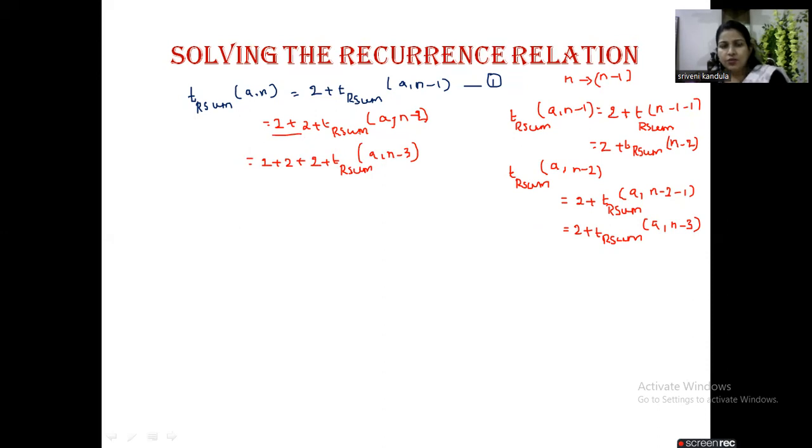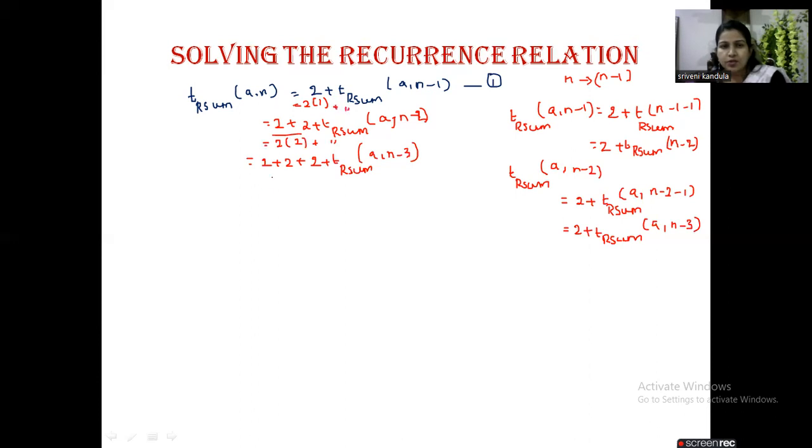Okay. So now if you observe this, are you able to generalize anyway? So here, if I rewrite this as 2 into 1, what I have here? n minus 1. So in the same way, here two 2's I have, here I have n minus 2. So can I rewrite it as 2 into 2 plus T_rsum(a, n minus 2)?